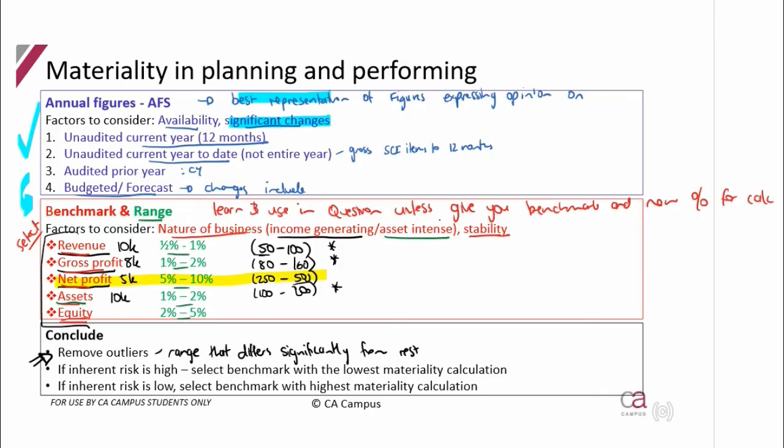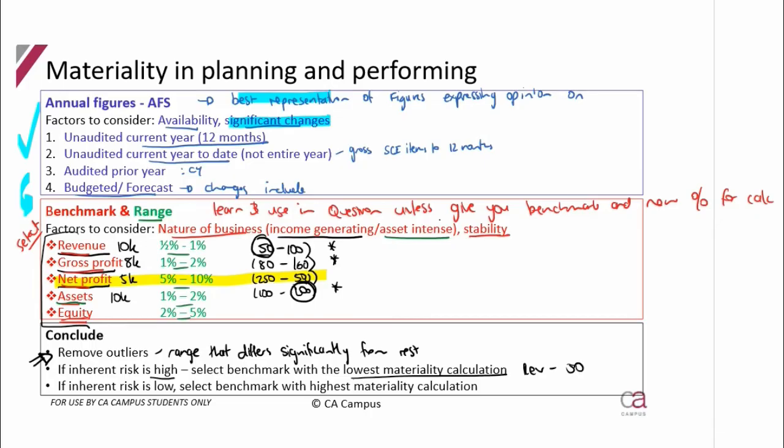So my materiality must be between 50 and 200, because that's the minimum and the maximum. How do I conclude? I say, if I assess inherent risk to be high, then the benchmark I want will be the lowest materiality calculation. So I'm going to choose revenue and my materiality will be 50.